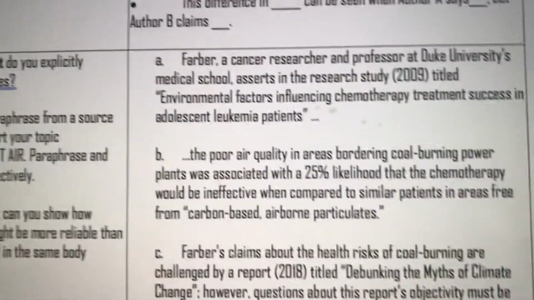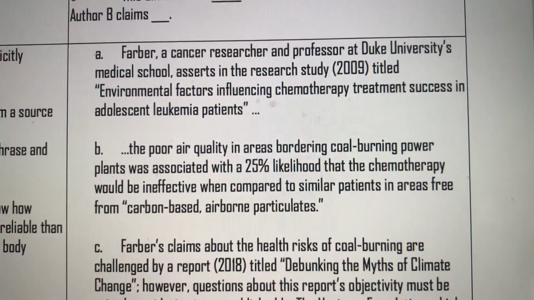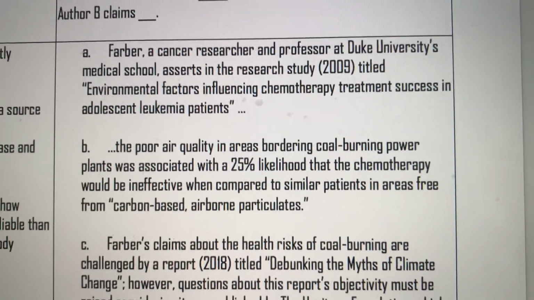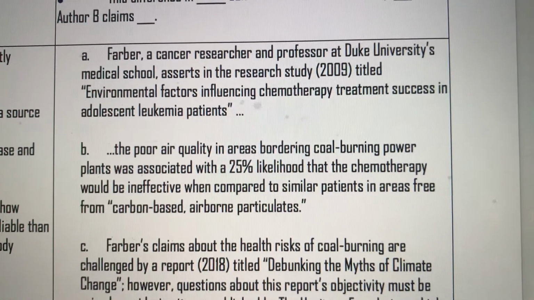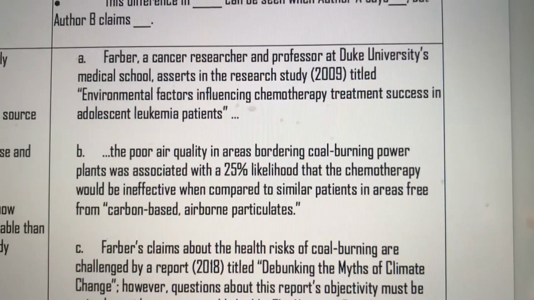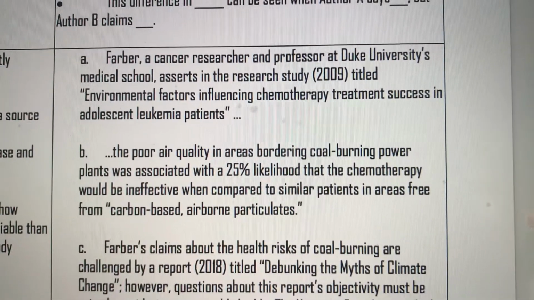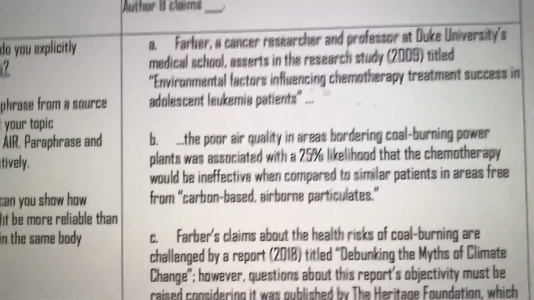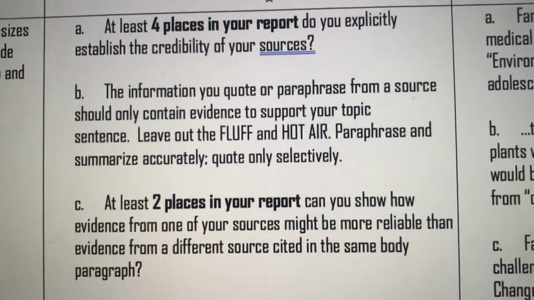So that means that if you mention a person named Farber, you would add that Farber is a cancer researcher and a professor at Duke University's medical school, and that he was cited in a research study, and you give us the title of the research study. So establishing the credibility of the source should happen at least 4 times in this IWA.